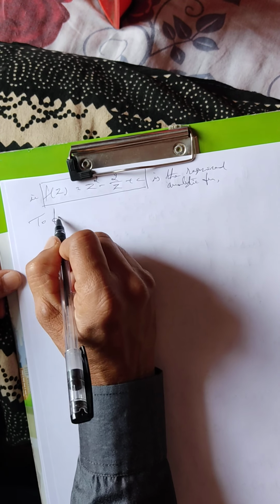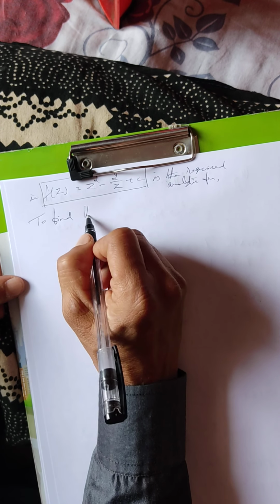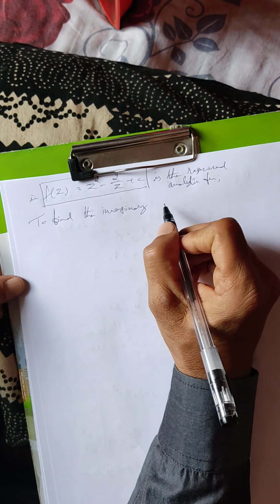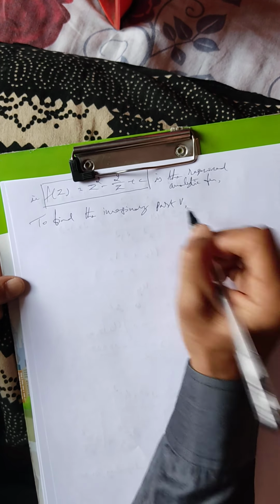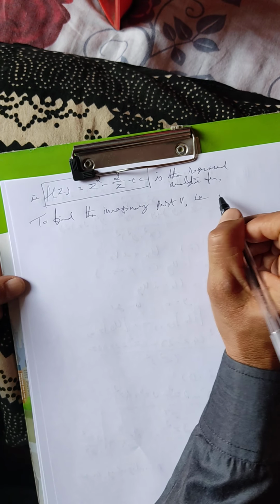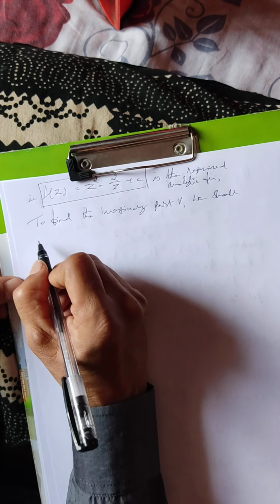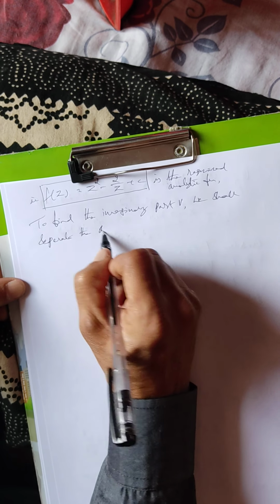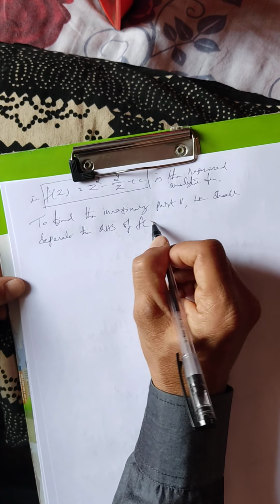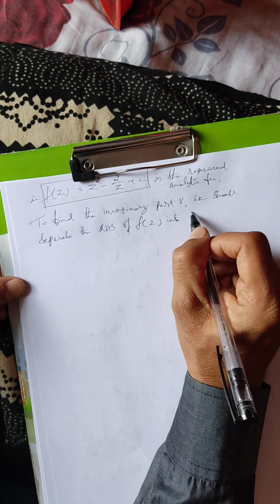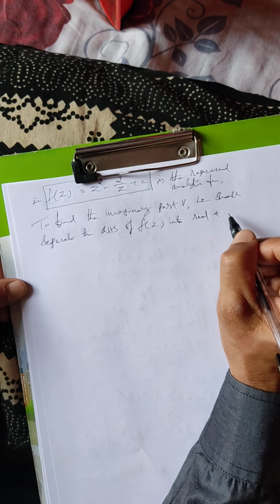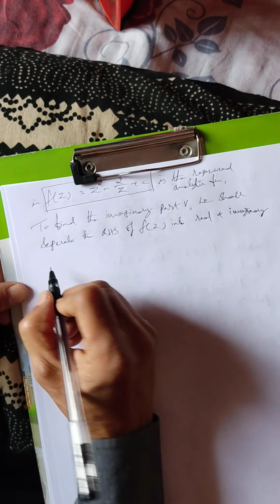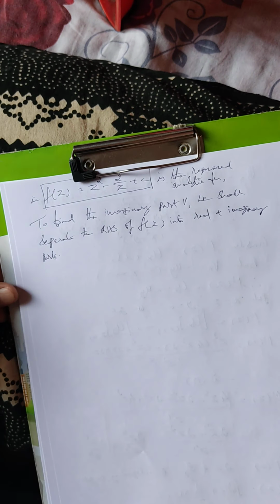So now, to find the imaginary part v, we shall separate the RHS of f of z into real and imaginary parts.